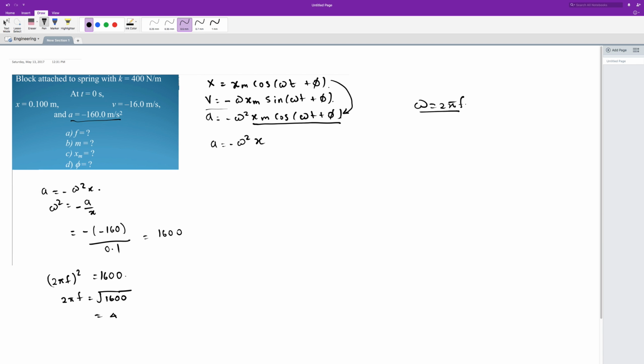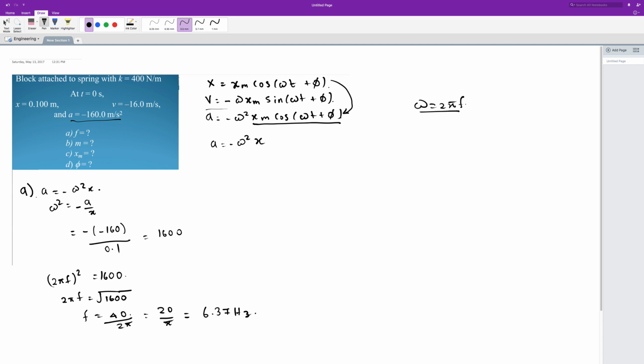So if I take f right here, that's 40 over 2 pi, and if I calculate this value, it comes out to be 6.37 hertz. So we have the frequency now. This is the answer for the A part.